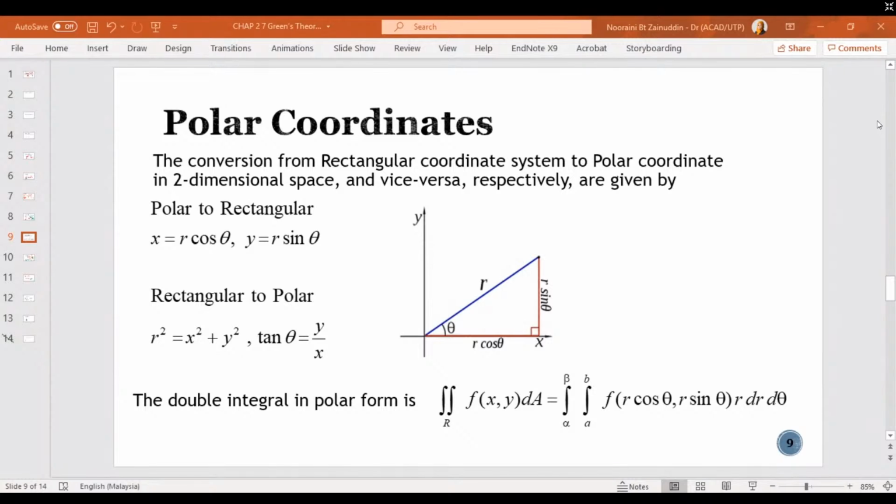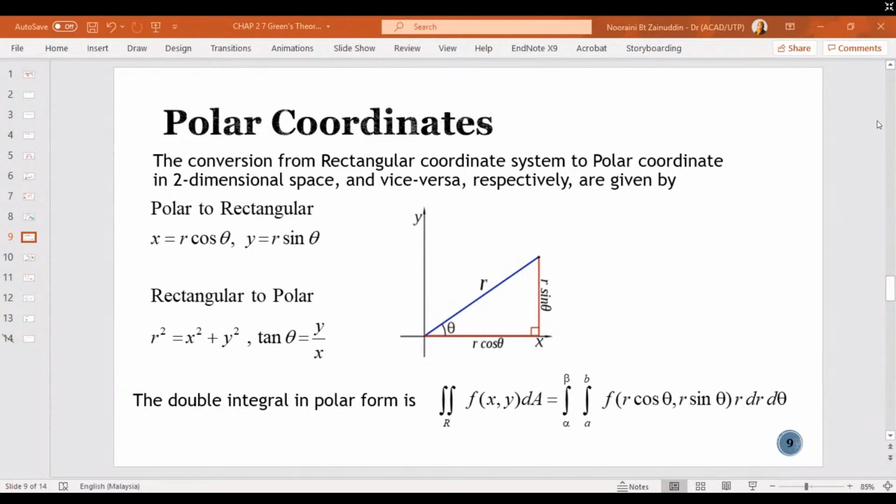Every time you change, we call it rectangular coordinates for your x, y. If you want to use r and theta, meaning you use your radius and also your angle, you need to put r there. Instead of just dr d theta, you need to multiply your function with r.